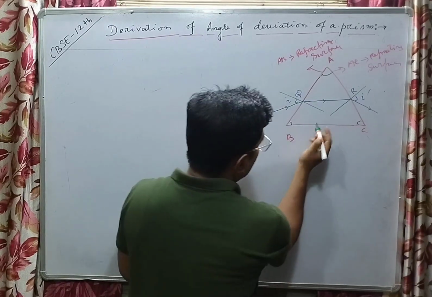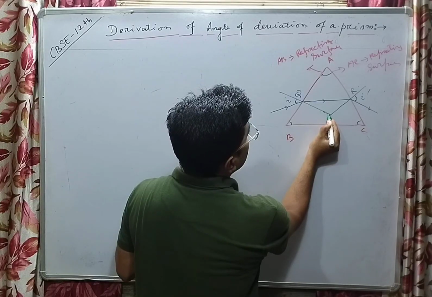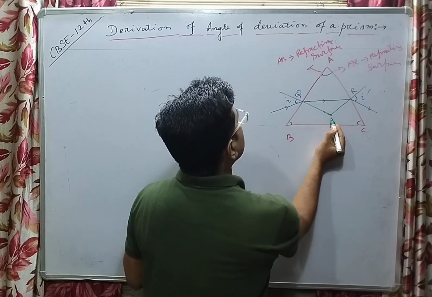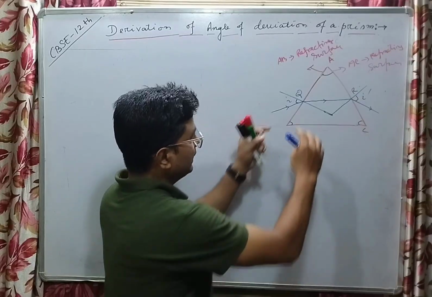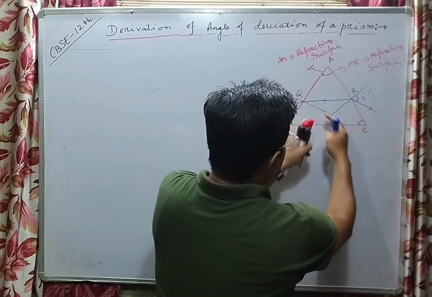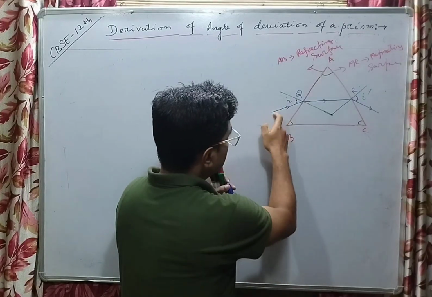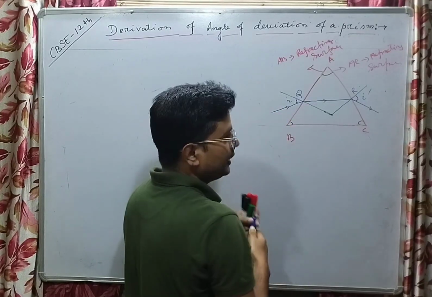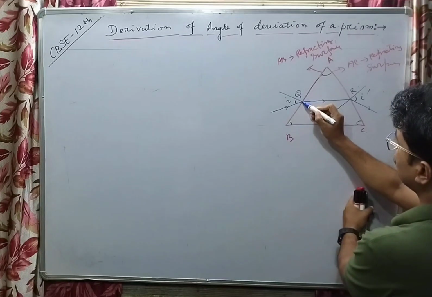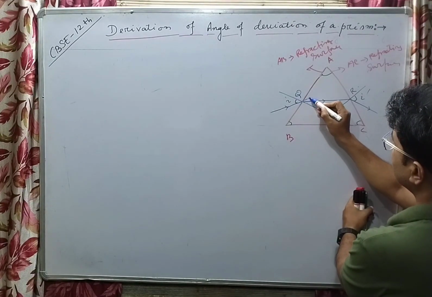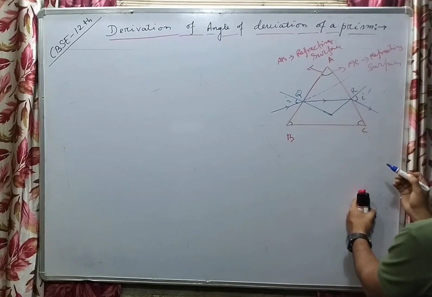Now suppose I produce these two rays. These two rays will intersect at this point. And another important thing, suppose students, here is no prism. If the prism is absent, this ray is not deviated at this point. It means this ray goes straight through like this.